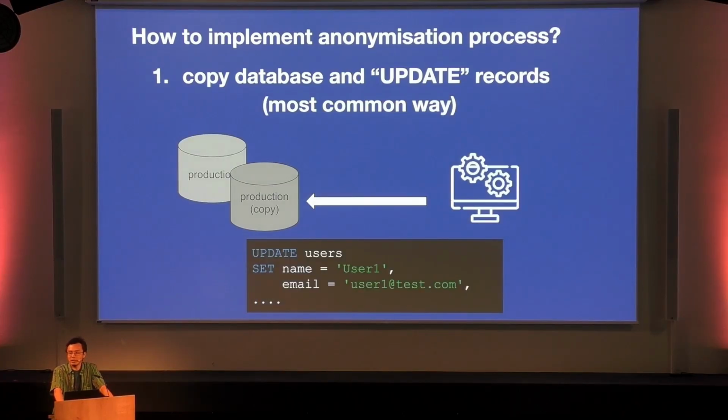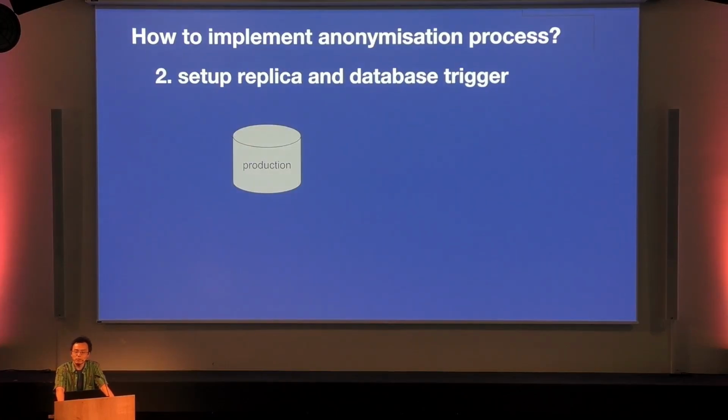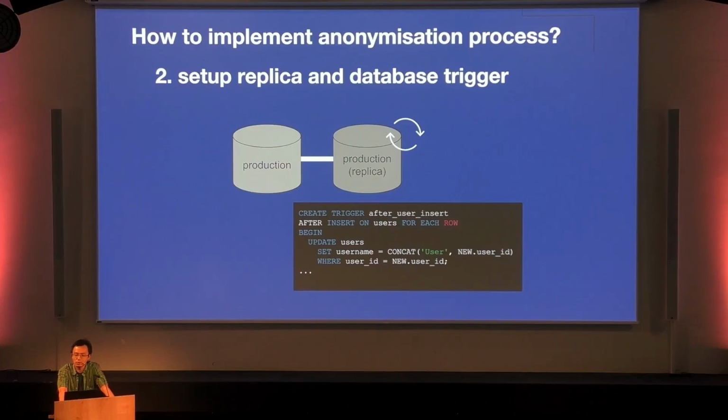When I see similar tools, this is the most common way. But this is not the only way I can imagine. Set up a replica and a database trigger. Production is here, and the replica is here. You can set up a database trigger in this replica to update your sensitive data.